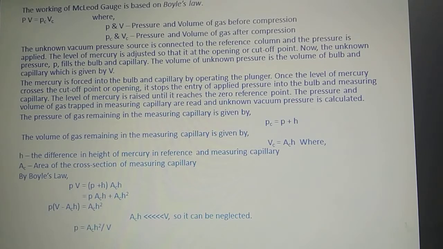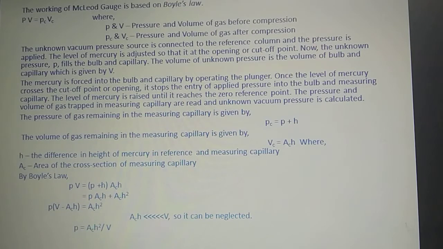So the unknown vacuum pressure source is connected to the reference column. You can refer to the diagram to understand this in a better way. So the unknown vacuum pressure source is connected to the reference column and the pressure is applied.